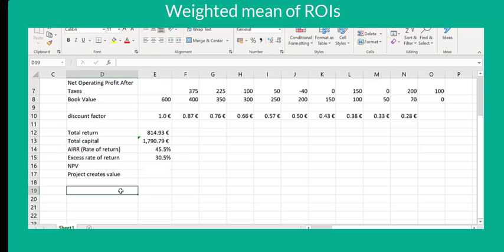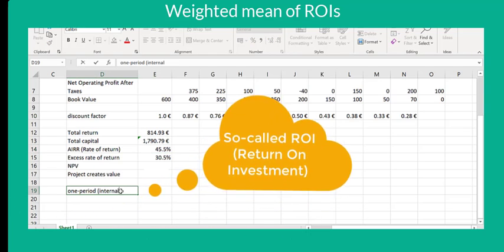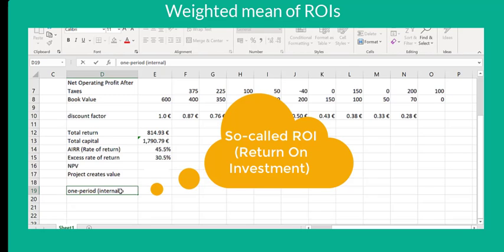Now let us compute the one period internal rates of return, because these rates of return are internal to the project. They are one period rates of return, and they are internal.